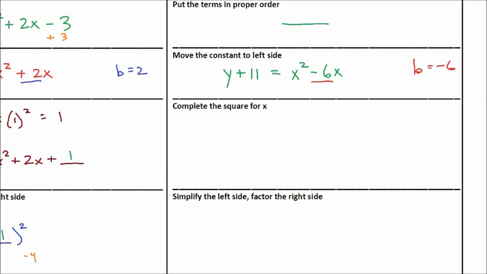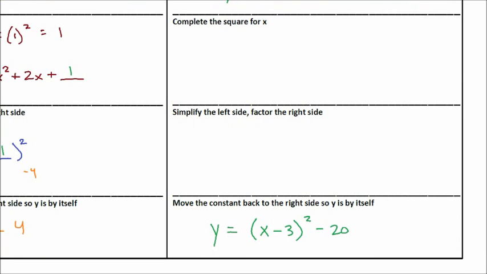In the next step, simplify the left side, factor the right side. When you simplify the left side, it's y plus 11 plus 9. That's y plus 20 on the left. And then for the right side, to factor it, you're going to find b over 2. b over 2 is -6 divided by 2, which is -3.